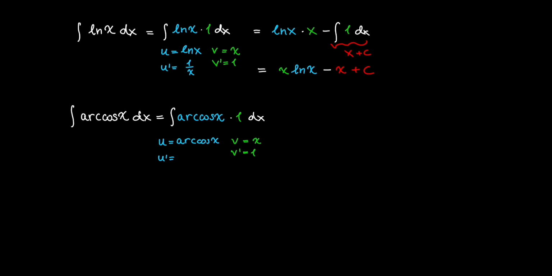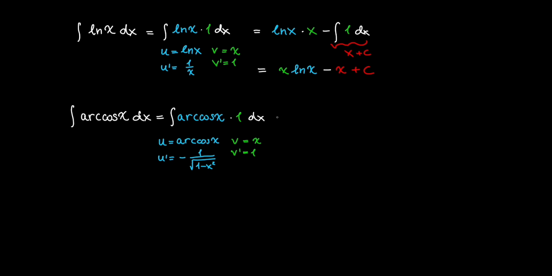Now please recall from part 12 where we spoke about implicit differentiation, I also showed you the derivatives of the inverse trigonometric functions. If you do remember, you will know that the derivative of the arc cosine is going to be 1 divided by the square root of 1 minus x squared, and this whole thing is negative.